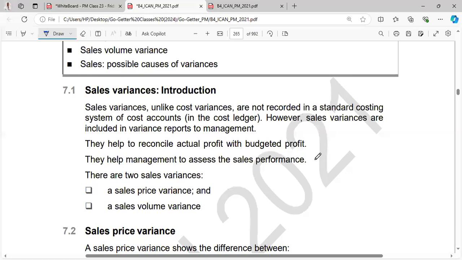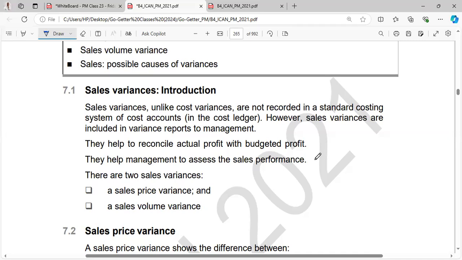Normally for standard costs we have a cost card, but sales variances are included in our reports to management.